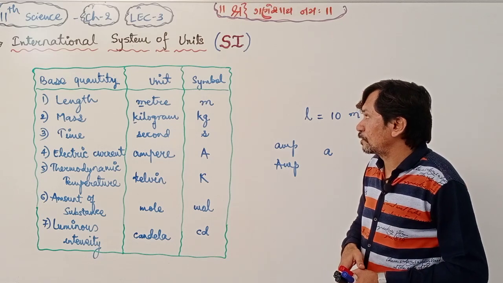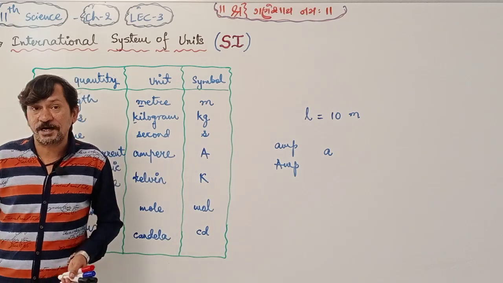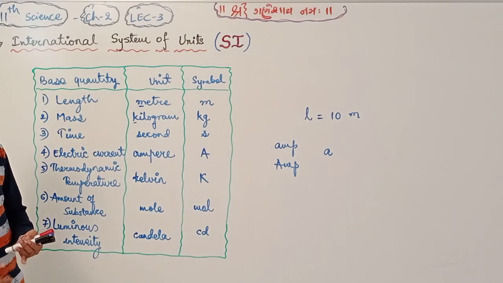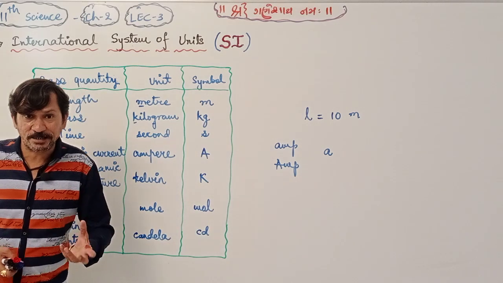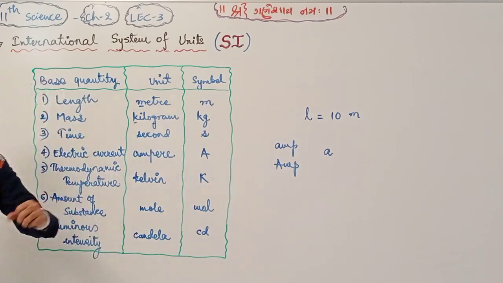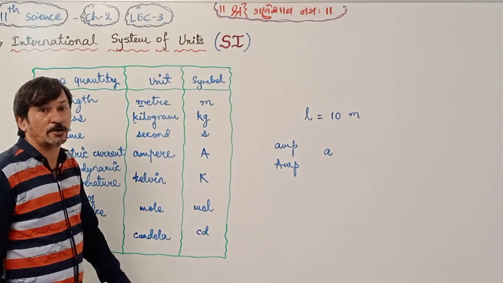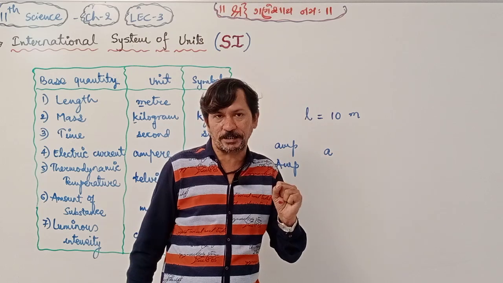So this was SI. Now we can say that many other, in fact all other physical quantities can be derived by using suitable combinations of these 7 physical quantities. So all the remaining physical quantities are known as derived physical quantities.